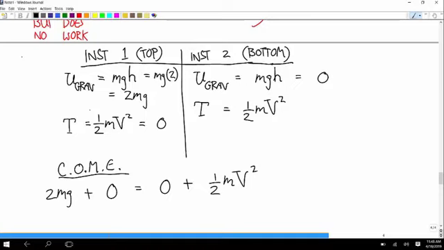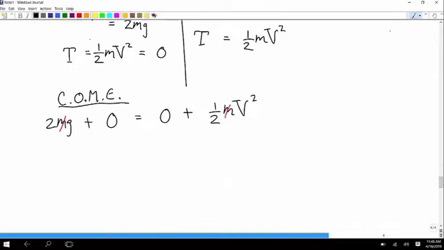You can divide both sides by m, and that tells us that the mass of the skier doesn't matter. You get the same answer no matter what. And now we're just isolating v.